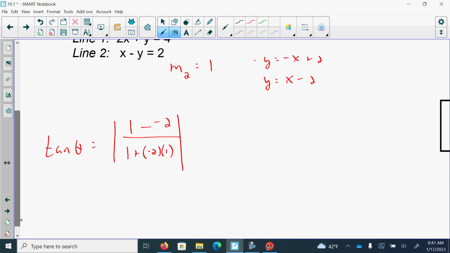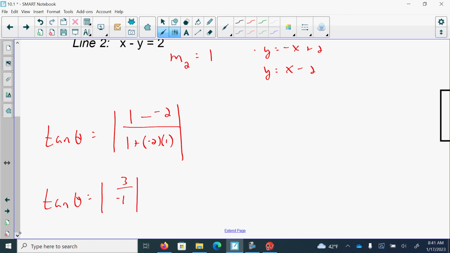So when I do this, I'm going to have tangent of theta is equal to 3 over negative 1. So negative 3, well, positive 3. Tangent of theta is equal to the absolute value of negative 3, which I'm just going to make 3. Now I'm going to do the inverse tangent of that.